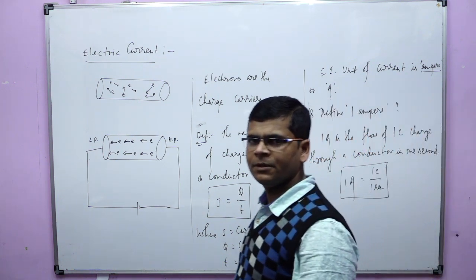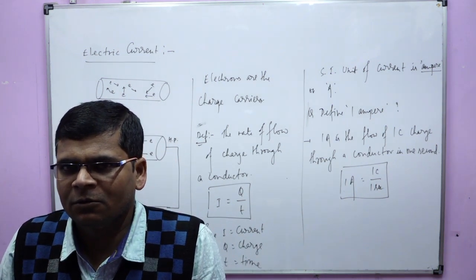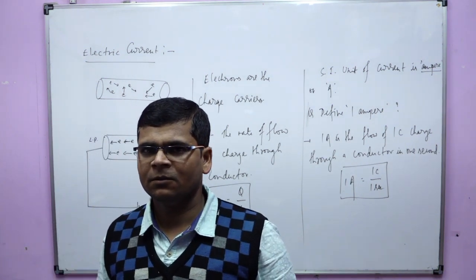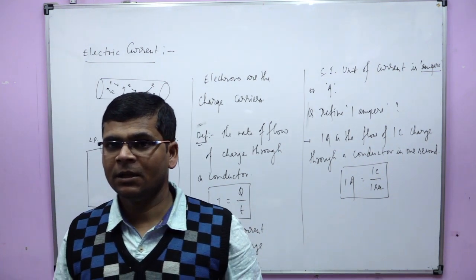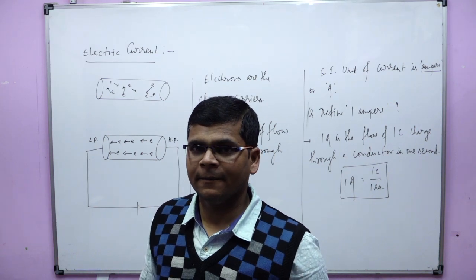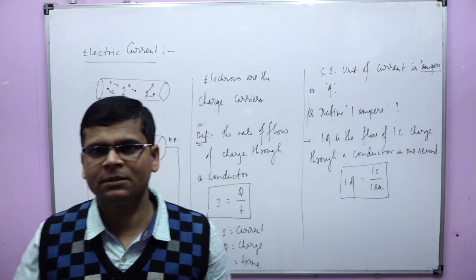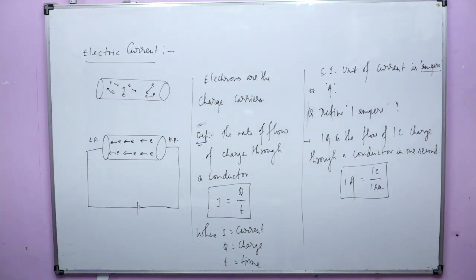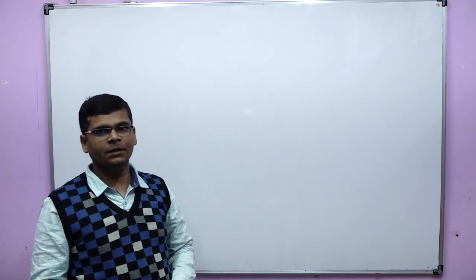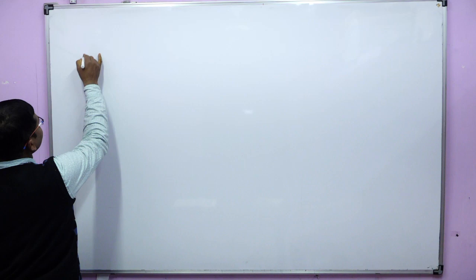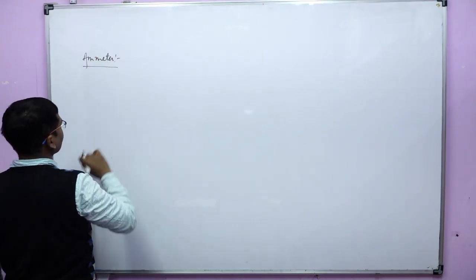Now, if you wish to measure the quantity of current flowing through a conductor, which device shall we use, what are its properties, and how is it connected in a circuit? That is also very important. So let us study that now. We are going to study the ammeter.